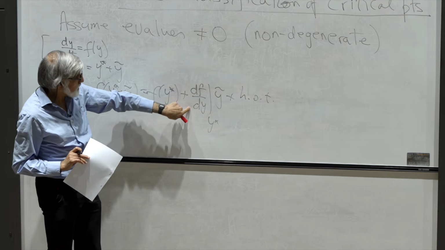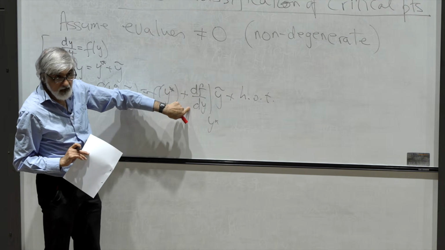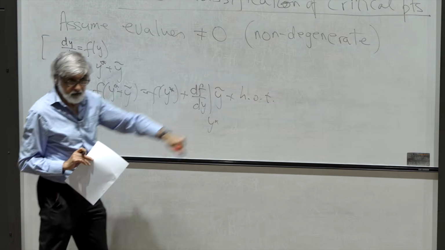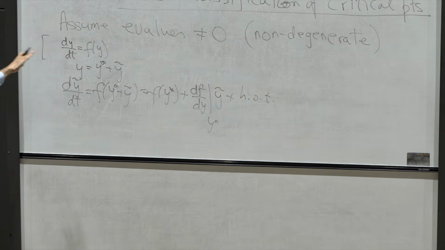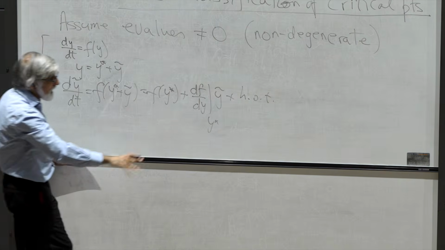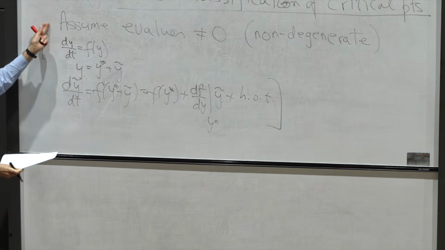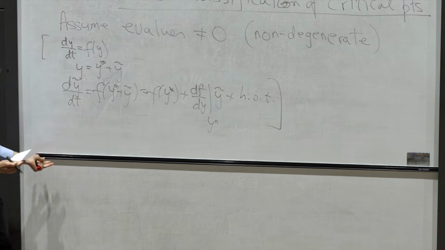But if this is multiplied by 0, then it's incorrect to say you can ignore these. So if one of the eigenvalues is 0, it's sort of the equivalent of that, then you need to deal with higher order terms, and we're not going to do that. That's beyond the scope of this course. Okay?